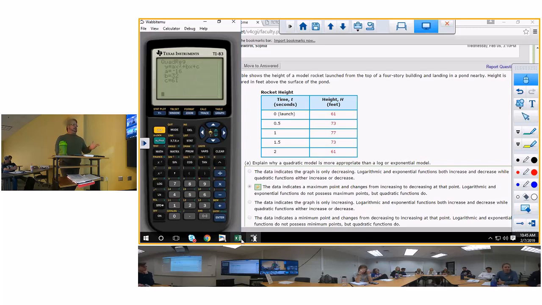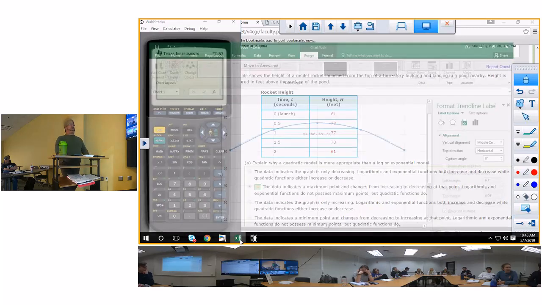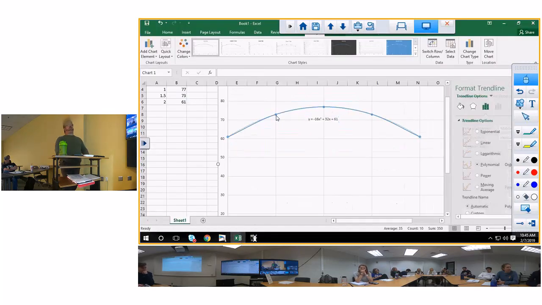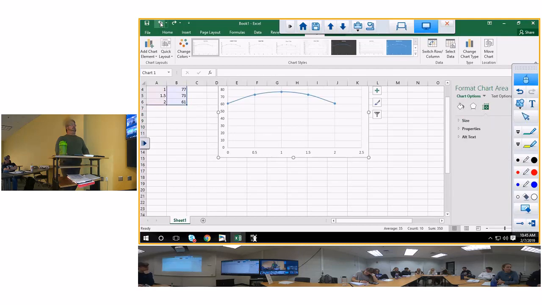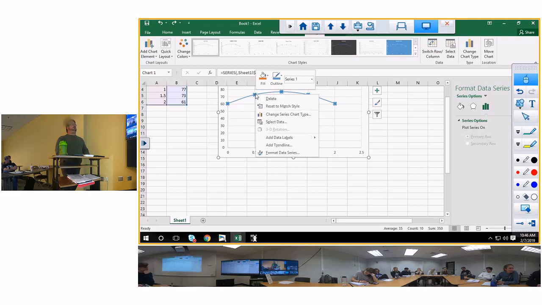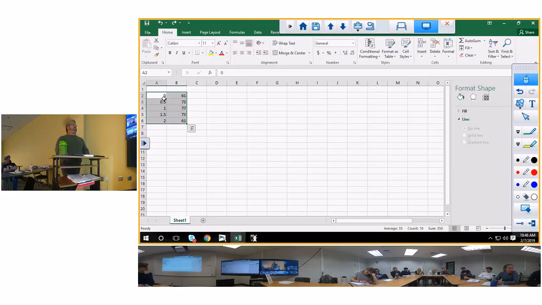Look at the quadratic. Now let's say I change this. Let me go backwards. Undo, undo, undo, undo. Okay. Let's say I just started, and this question is asking that same question.